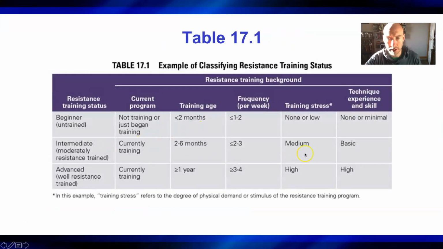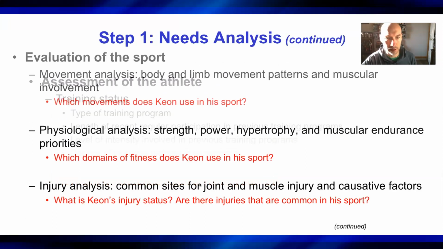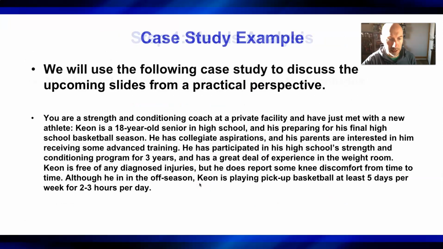An intermediate person will get a slightly higher stimulus, okay? And then somebody who is already very advanced can handle a much higher volume and load with their training because they've already experienced some adaptation, okay? So thinking back to Keon, if we go back to our case study paragraph really quick, sorry for all of this scrolling, we did say that he has been involved in his high school strength and conditioning program for 3 years, okay?